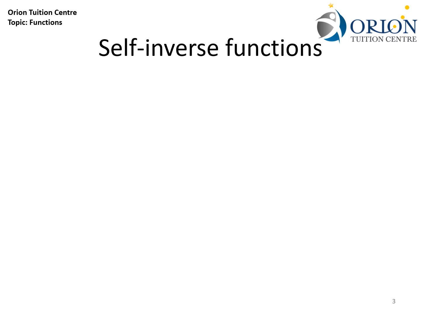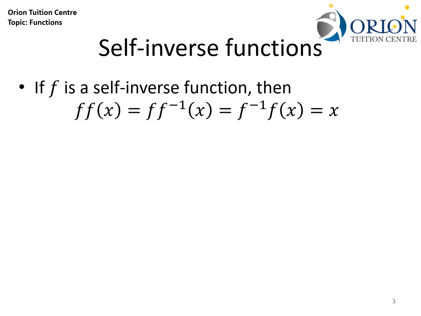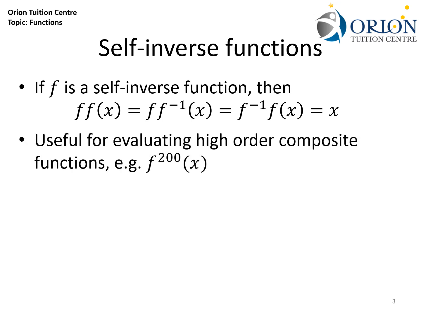One important property of the self-inverse function is that if f is a self-inverse function, then the composite function ff will be the same as the composite function f inverse f, which means that ff of x is equal to x. This property is very useful when evaluating high-order composite functions, such as f^200(x).